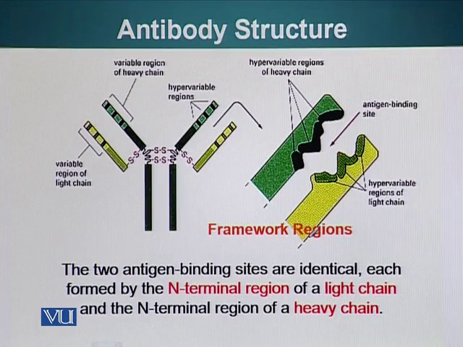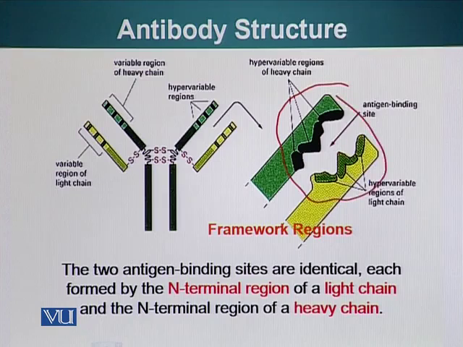This antigen binding site has a specific 3-dimensional shape. Only antigens that can fit in this shape will be able to interact with this antibody, or vice versa. The rest of the region of the antibody is the framework region, which is holding this antigen binding site.